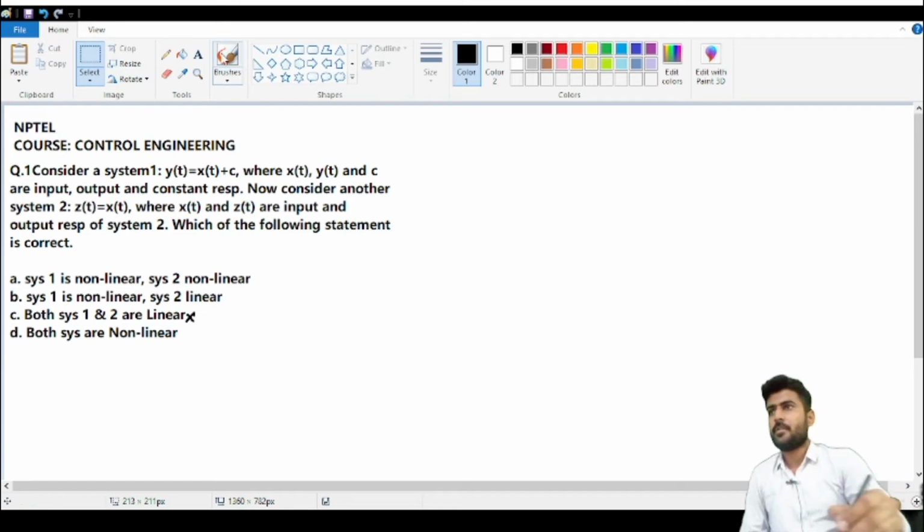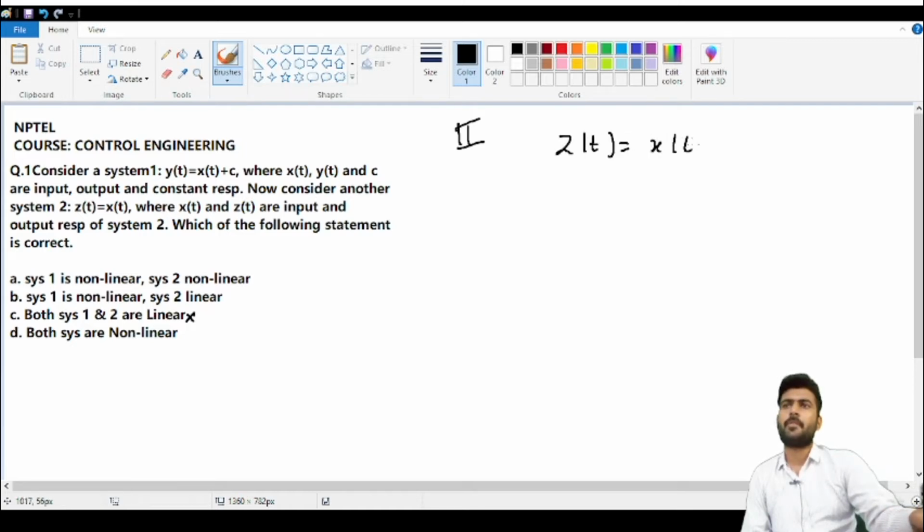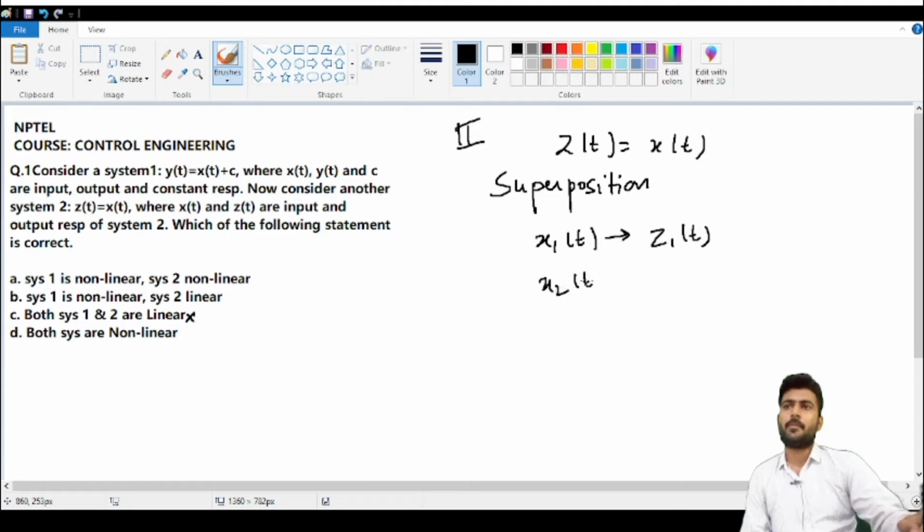Now checking for system 2. The second system is z(t) = x(t). First of all, we are going to check for superposition. Does it satisfy superposition or not? For x1, let us suppose the output is z1, and for x2 the output is z2.